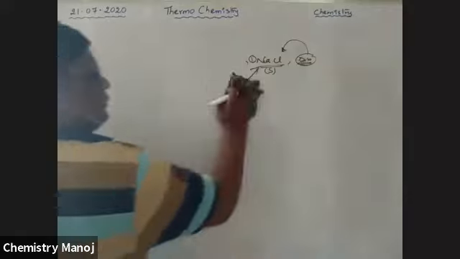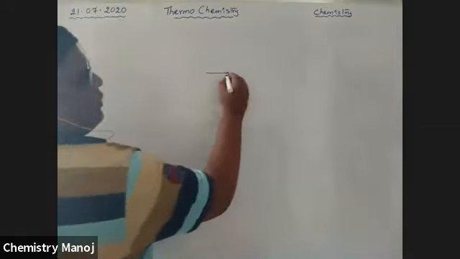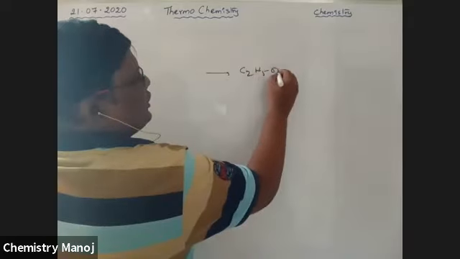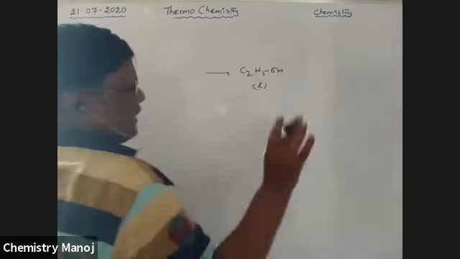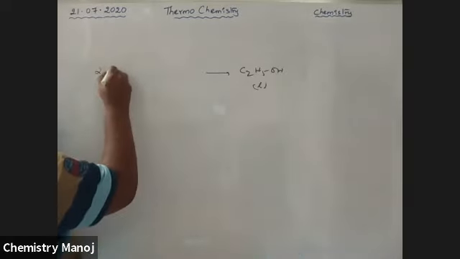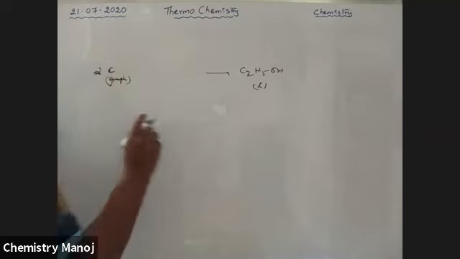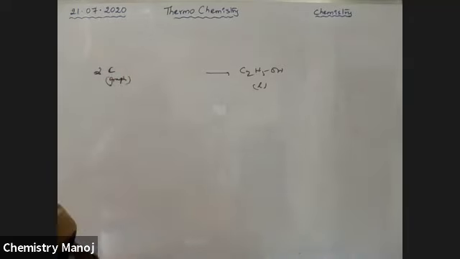See here, ethyl alcohol, C2H5OH, which is in liquid state. Standard state is the liquid state. That is coming from 2 moles of carbon. See my dear boys, if allotropes are there, carbon graphite and diamond, carbon graphite is taken as the standard state, not diamond. Please mind it. It is arbitrarily taken.